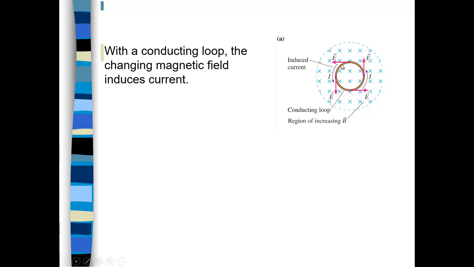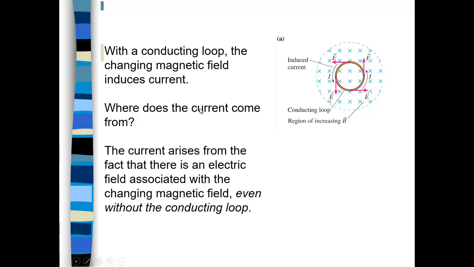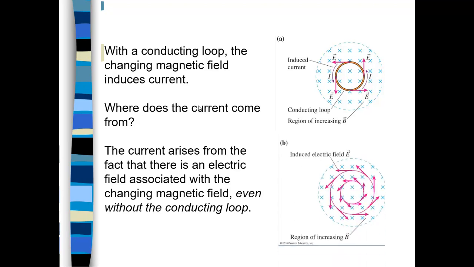That current is induced by the fact that there's an electric field that's also moving counterclockwise, which would be there even if you didn't have the current-carrying loop. The current just comes from the electric field that is associated with the magnetic field; even if you took the loop away, there would still be an electric field.